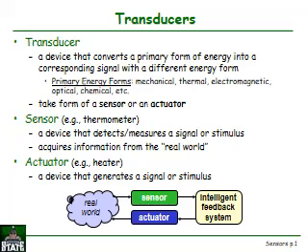Now the actuator is different from a sensor. Like a heater, it is a device that generates signals. So real world to sensor, intelligent feedback system, and the intelligent feedback system back to the real world.